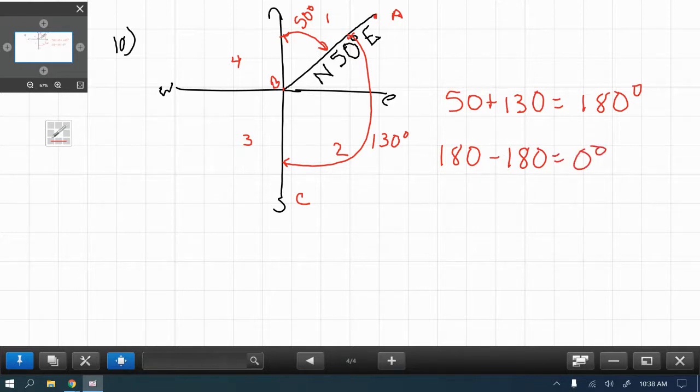But I really asked from C to B. So what direction is it going if you went from C to B? Not from B to C. Some gave me south 0 degrees east, some gave me south 0 degrees west. You said straight south, but I still want a letter.